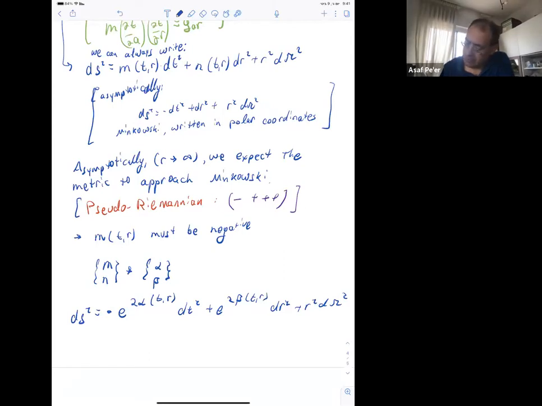Here we replace the functions M and N with alpha and beta.